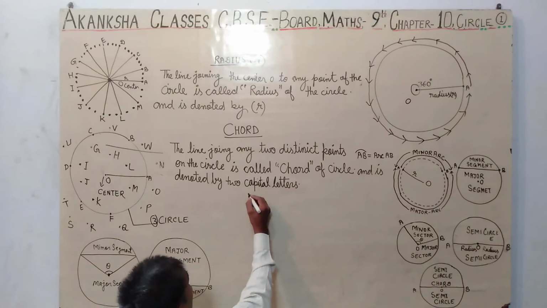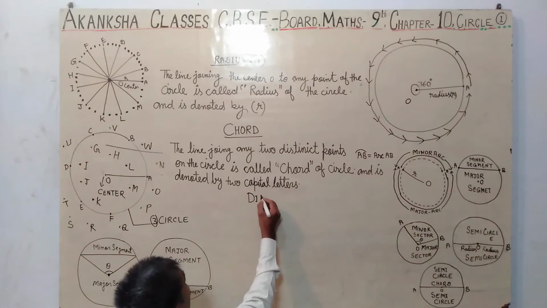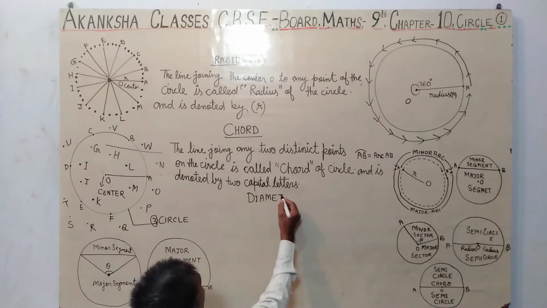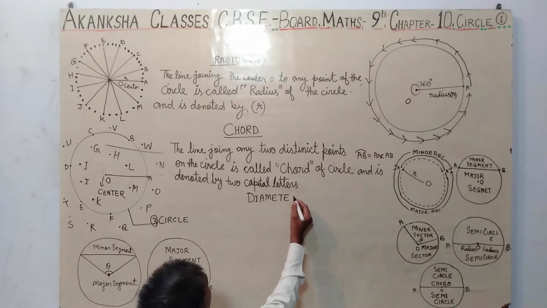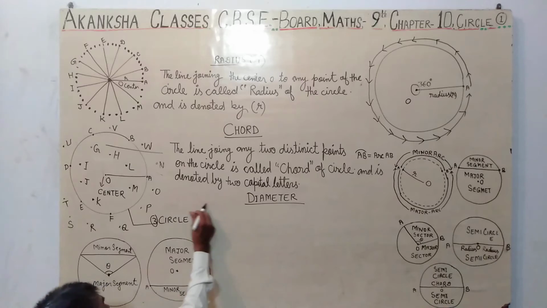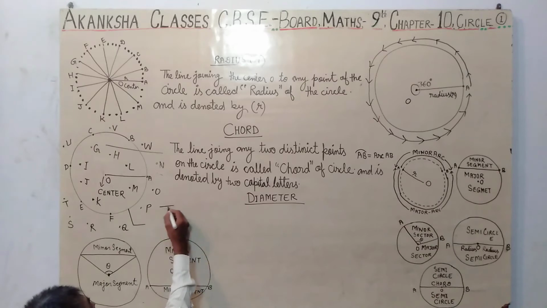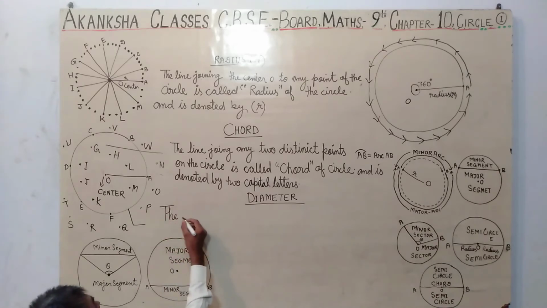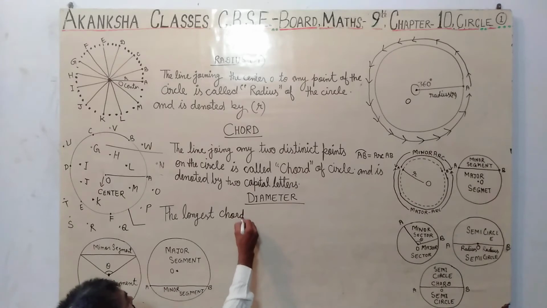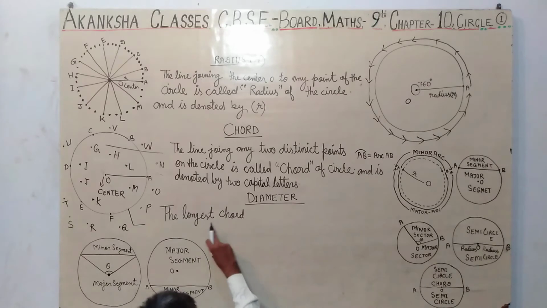Diameter. What is diameter? The longest chord. This means no chord can be longer than the chord we are describing.